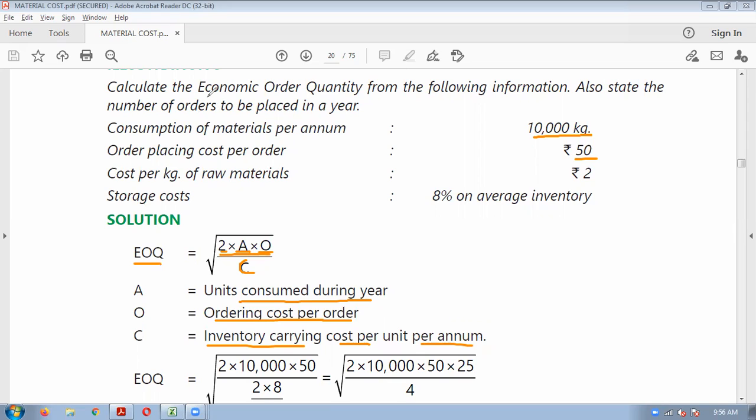Okay, how will we calculate the economic order quantity? EOQ is equal to square root of 2 into A into O divided by C. What is A? A is the annual demand requirement, units consumed during the year. O is the ordering cost per order.